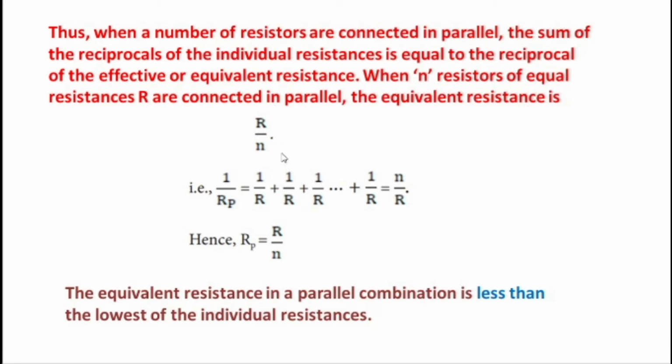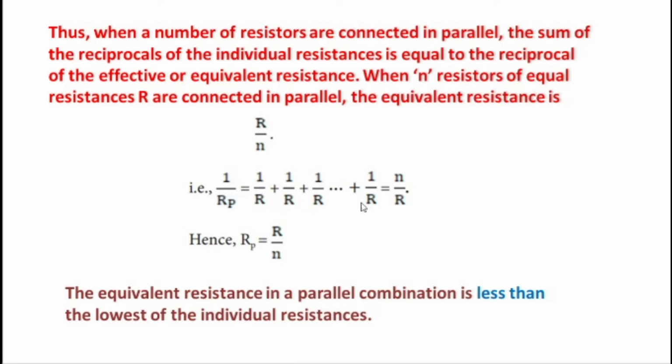In series connections we studied Rs equals nR. Here, for parallel connection, what is the formula to calculate the equivalent resistance? R by n. We know the formula 1 by Rp equals 1 by R1 plus 1 by R2 plus 1 by R3.